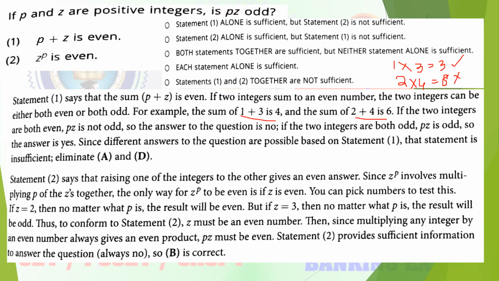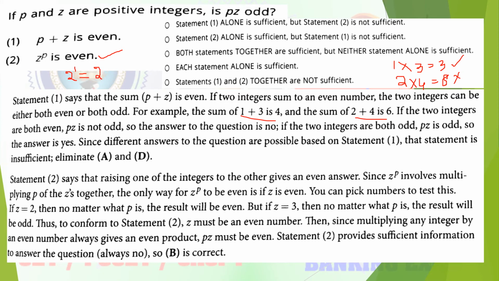The second statement: z to the power of p is even. How to take z? I will take z equal to 2 and p equal to 1. Then it satisfies the condition: 2 to the power of 1 is 2 only, which is an even number.